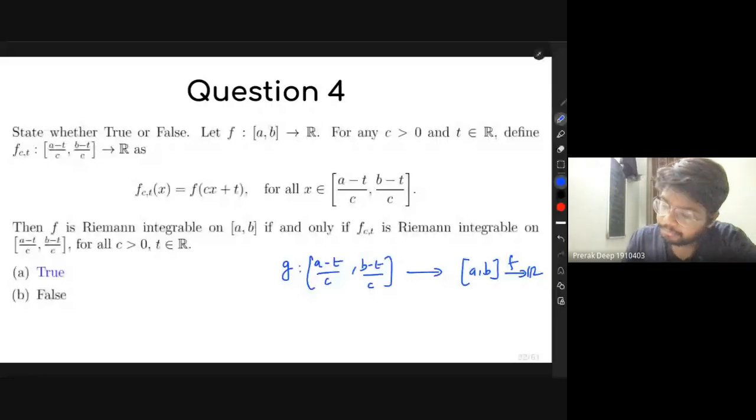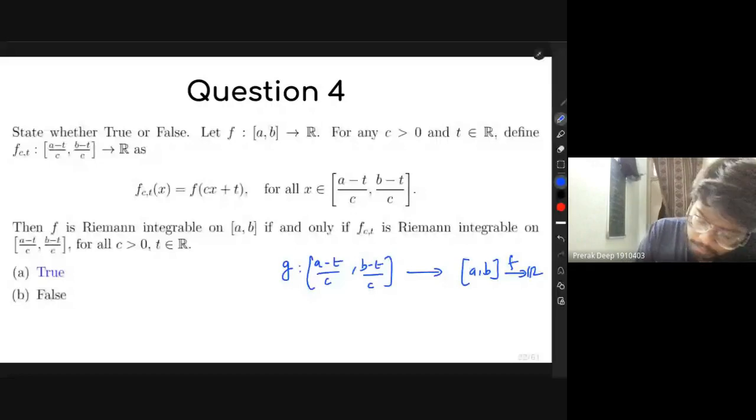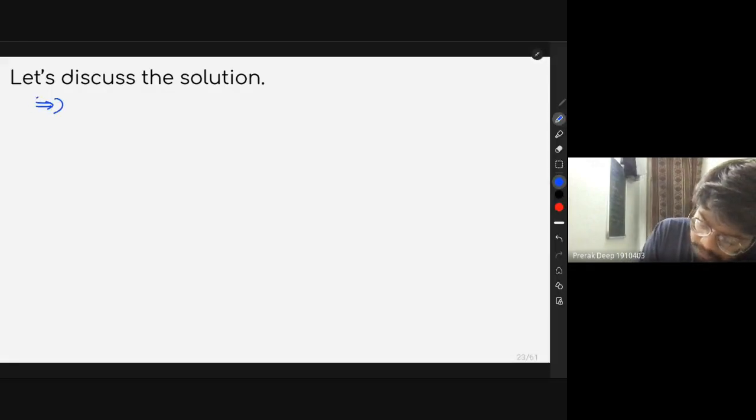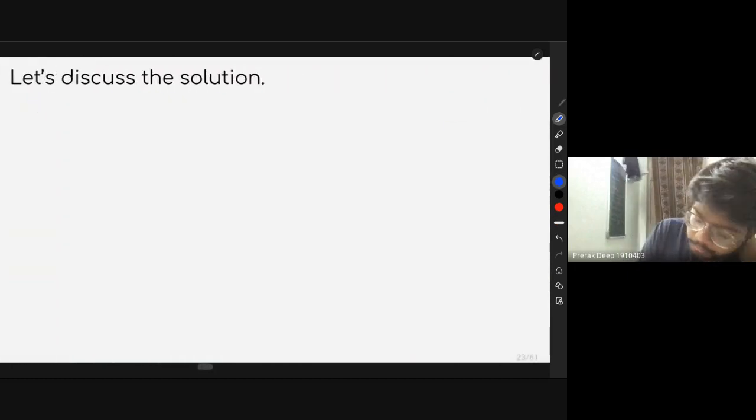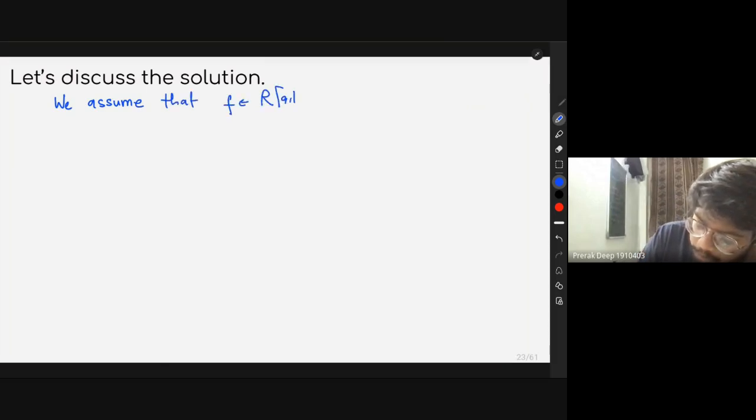The Riemann integration. So first we prove that, again it's an if and only if statement, it can be broken into two parts. First we assume that f is Riemann integrable on [a, b].